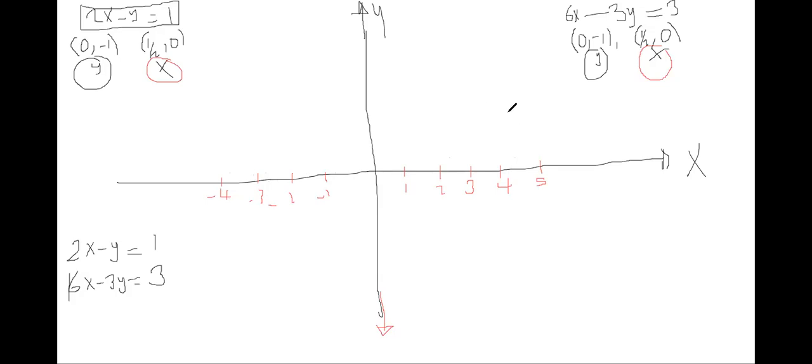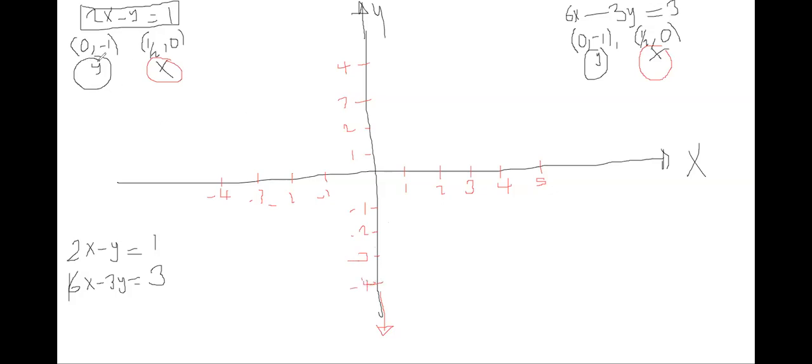So we have y here. This will be 1, this will be 2, this will be 3, and this will be 4. As well, we go for the negative points for y. We have 3 and then 4, and it goes on.